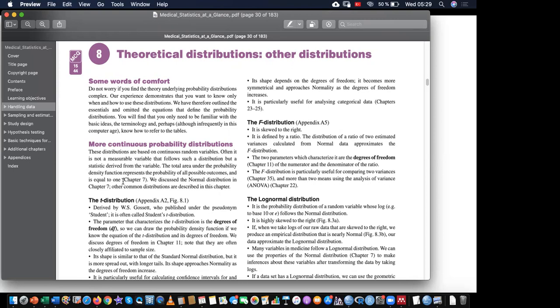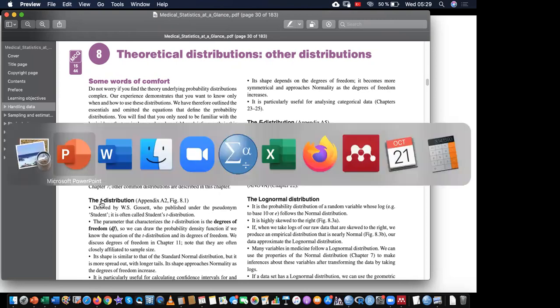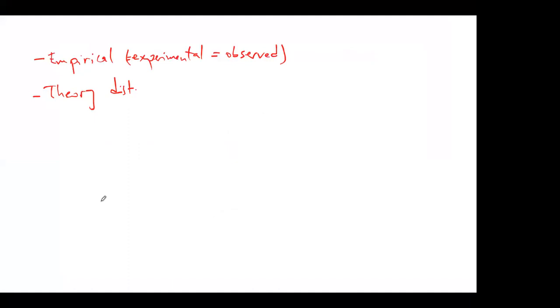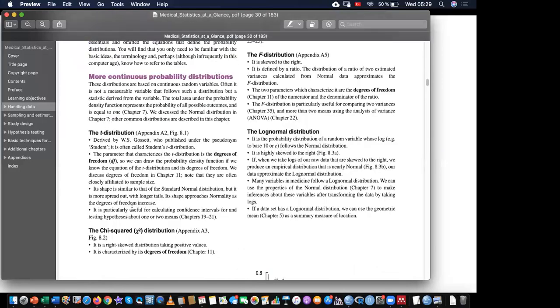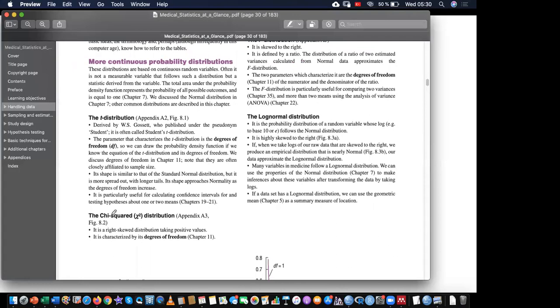And these are the T distribution. Let me write it down here. So the other theory distributions: we have the normal distribution, or the Gauss distribution. Then we have the T distribution. What else do we have? We have the chi-squared distribution.